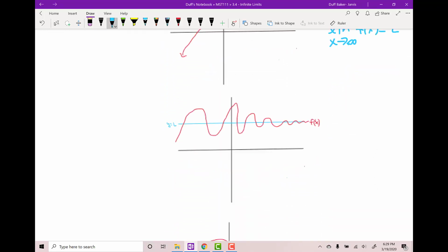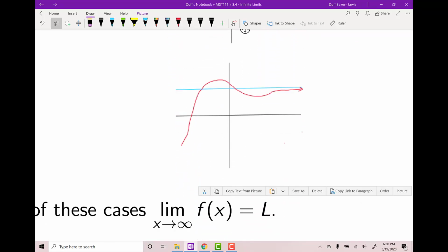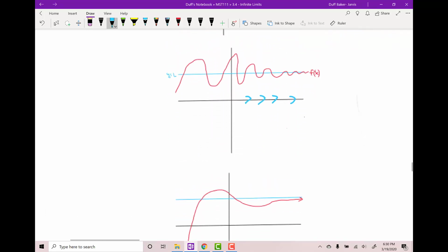In the second example, we have the squiggly red line, where as we take values farther and farther to the right, the function gradually settles down to being closer and closer to the blue line. We can imagine if we went infinitely far out, it would actually just become the blue line. And in the third case, this blue line will be what's called a horizontal asymptote, but this is an example where the function crosses the horizontal asymptote, and of course the one above was an example of that as well.